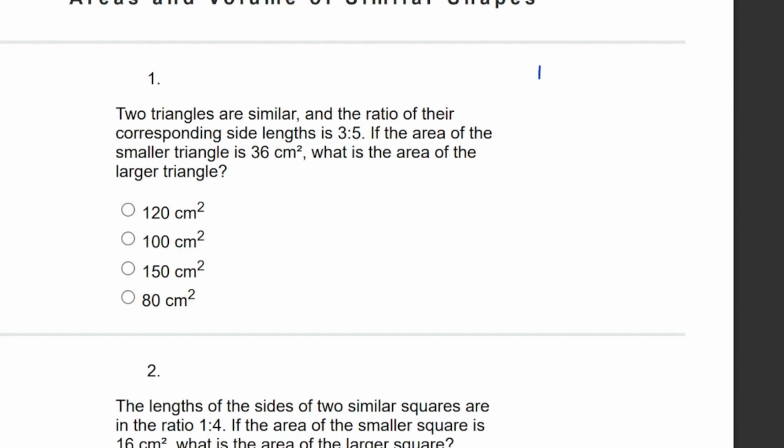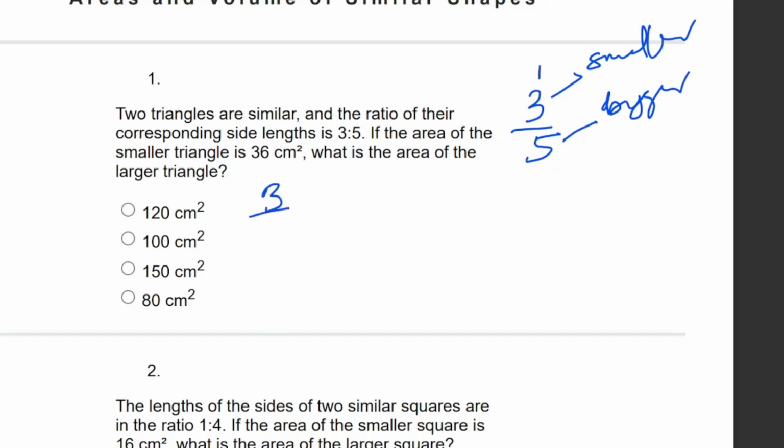The ratio of their corresponding sides is 3 to 5, which means 3 is for the smaller one, while 5 is for the bigger triangle. So in that case, we say that the linear scale is 3 over 5, right?